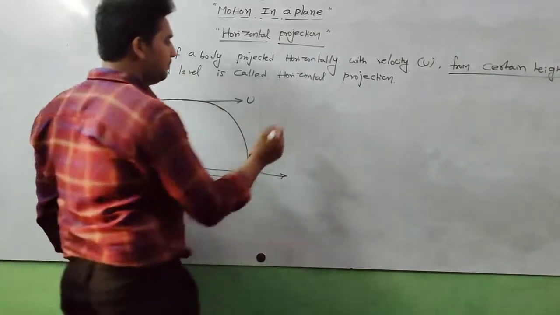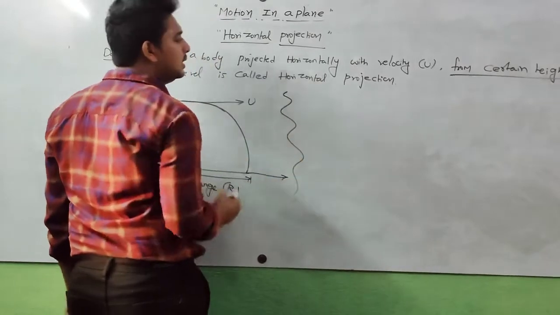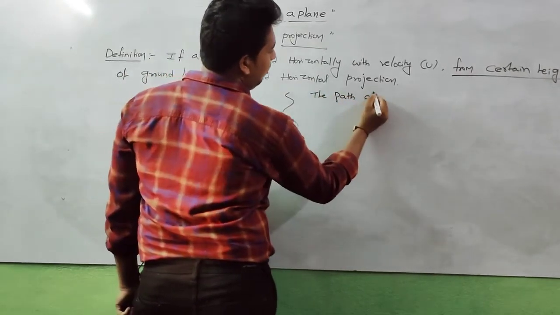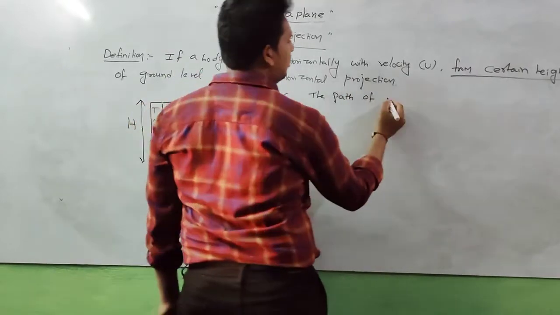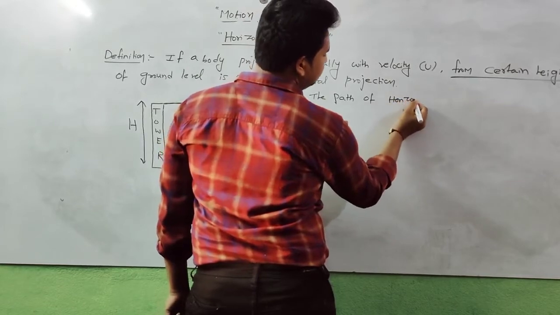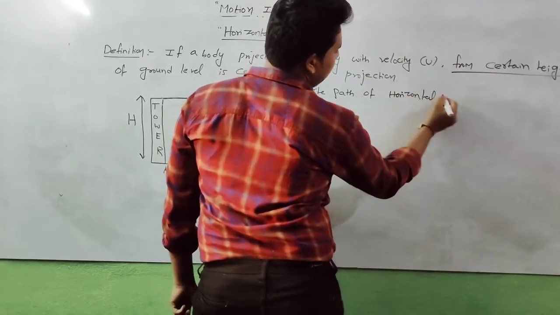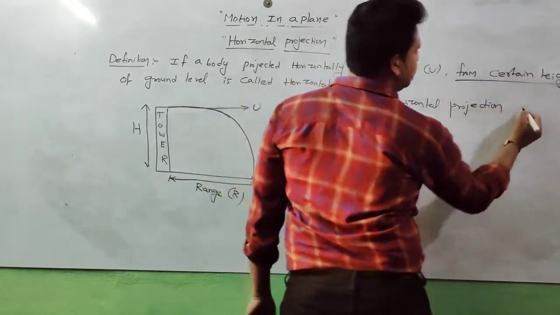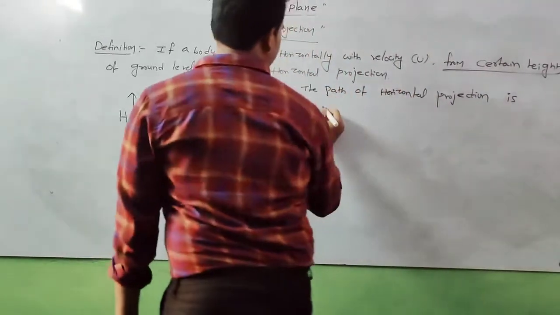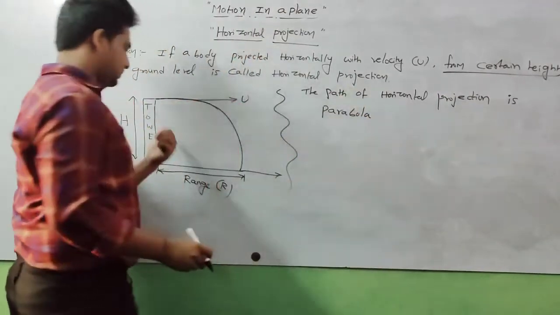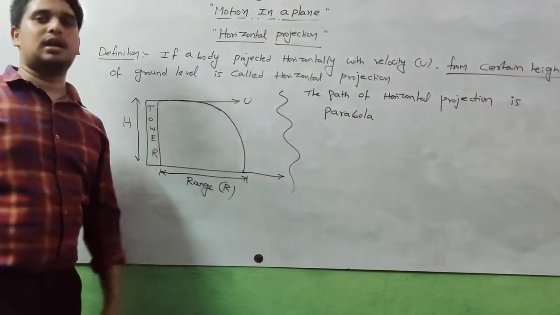Now the path of horizontal projection is a parabola. Observe here, this is in the form of a parabola.